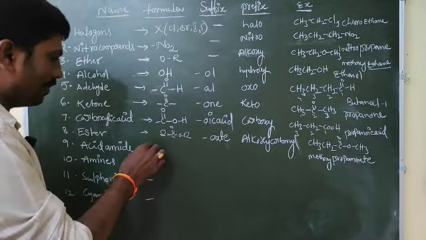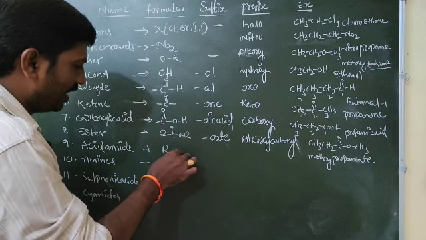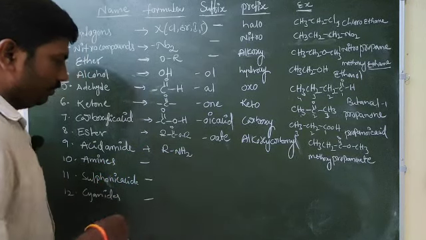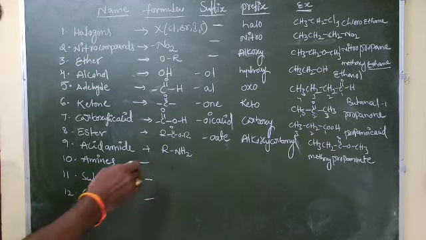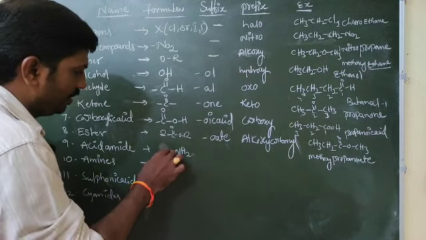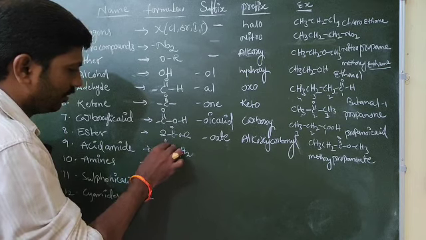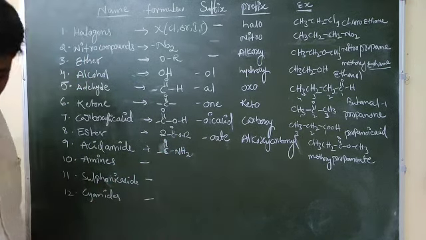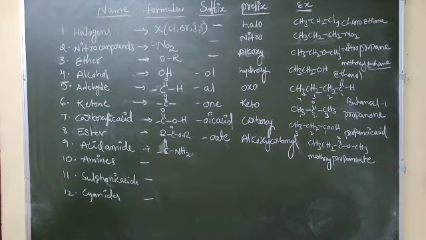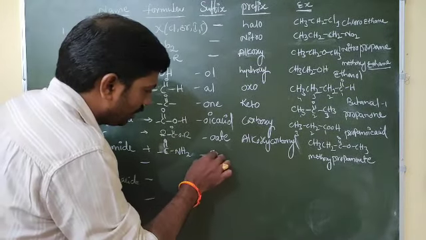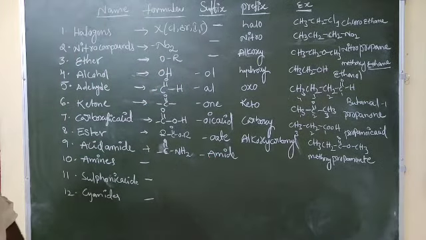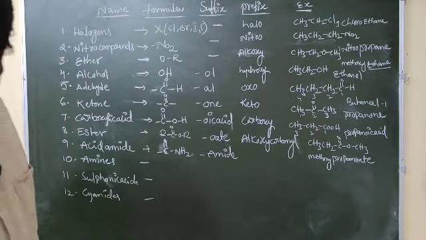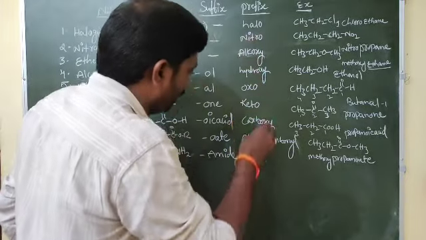Next acid amide. Acid amide is C double bond O NH2. We will write amide only here as the suffix. Next, carbamoyl is the prefix name.